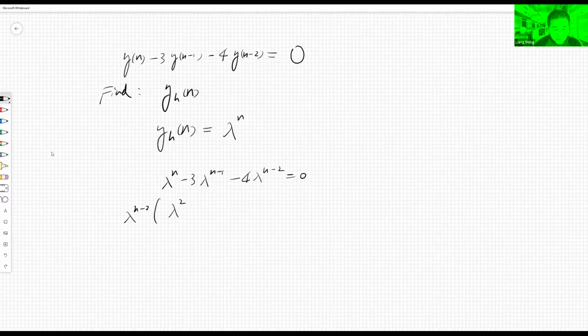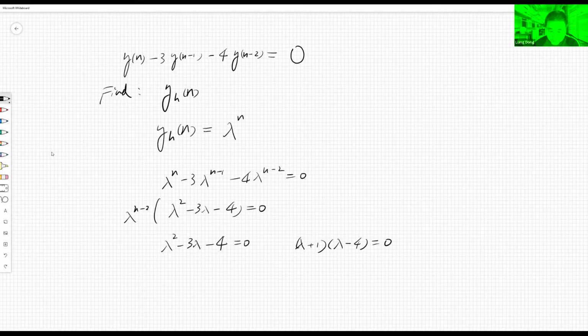We have lambda square subtract 3 lambda subtract 4 equals to 0, and the polynomial equation is in this format. Then we can factor this out: lambda plus 1 times lambda subtract 4 equal to 0. We find out those two roots: lambda 1 is -1, lambda 2 is equal to 4. Those are the two roots for my characteristic polynomial.